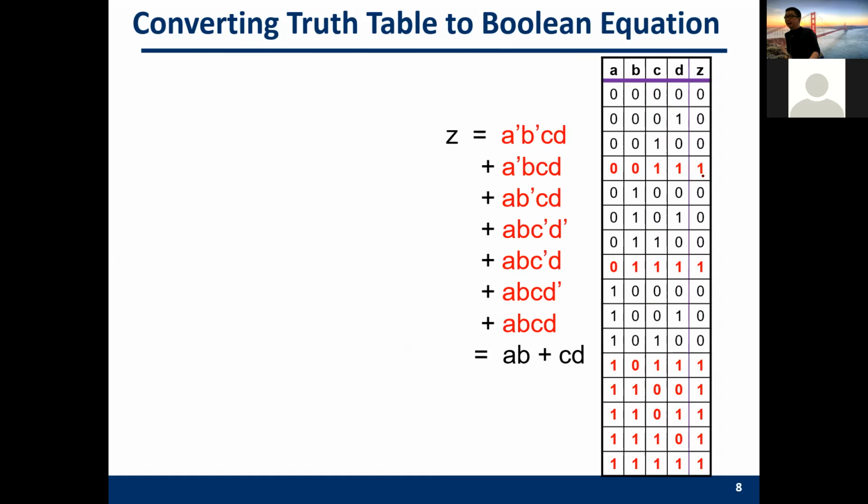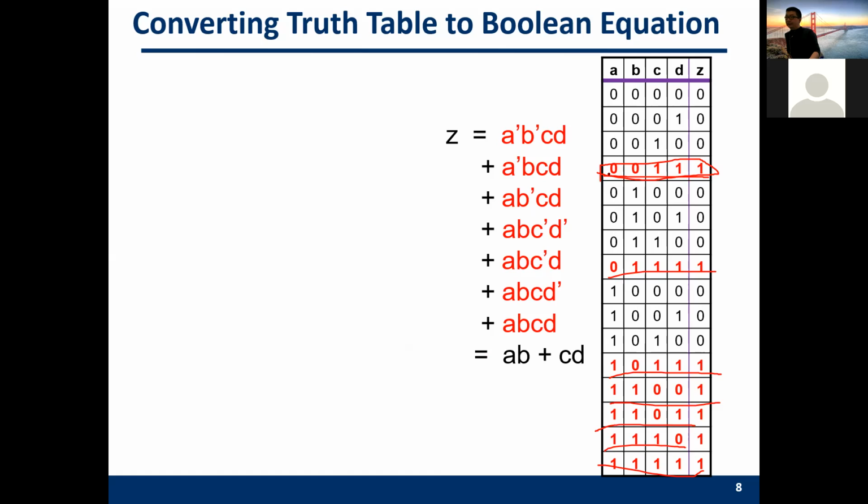So we can pick up all the rows which can generate a 1 in this truth table, and then we can write the so-called sum of the product canonical form here.